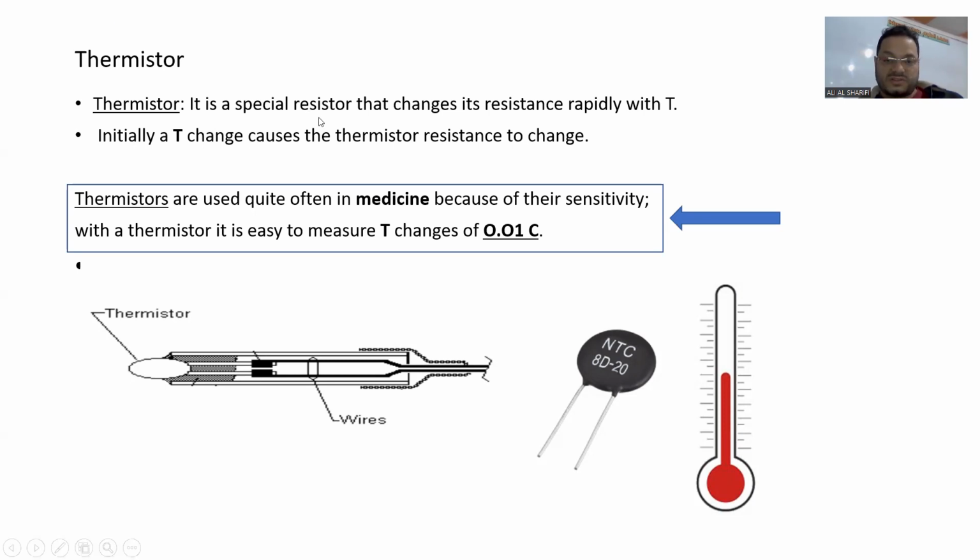It's a special resistor, dependent on the resistance of this tool, not like the first one, which was dependent on alcohol or mercury. Resistors change their resistance rapidly with temperature.